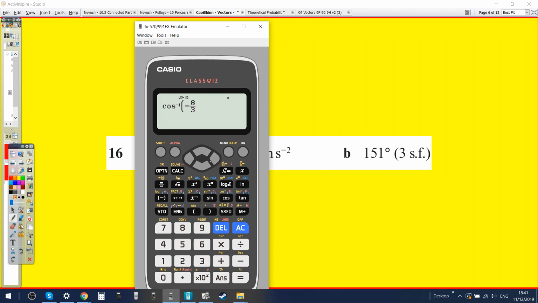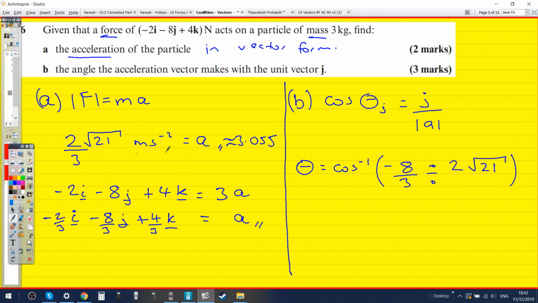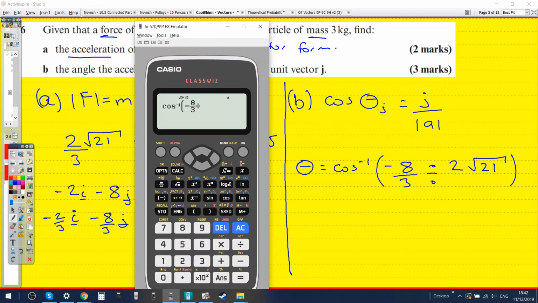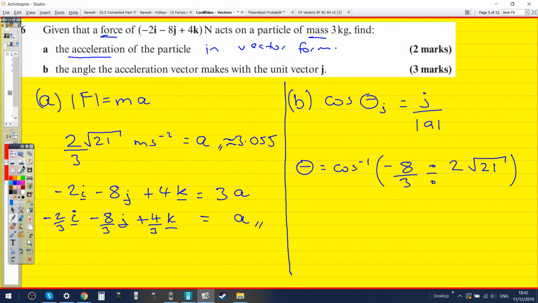Let's see. Maybe it was over 3, the other thing. Let's try 2 over 3 root 21. Hopefully the syntax is alright. You got 150, was it? Oh, so it was 2 over 3. So it was the 2 over 3 root 21 because that's the acceleration vector. So that's the magnitude of a.